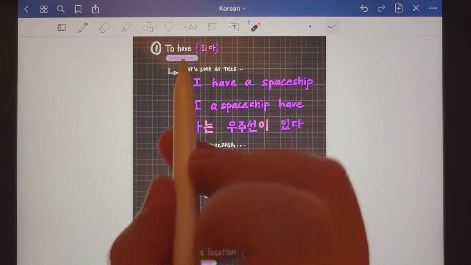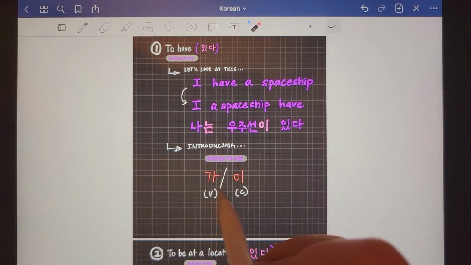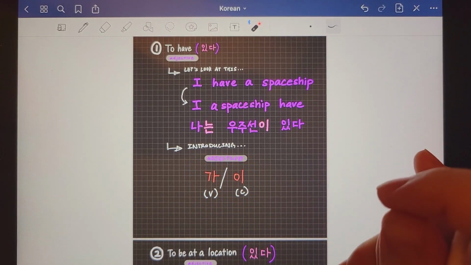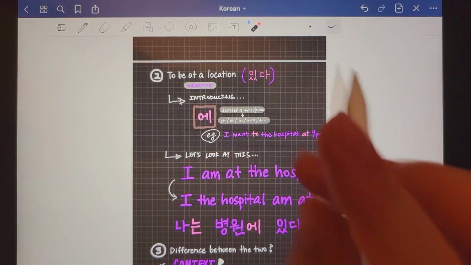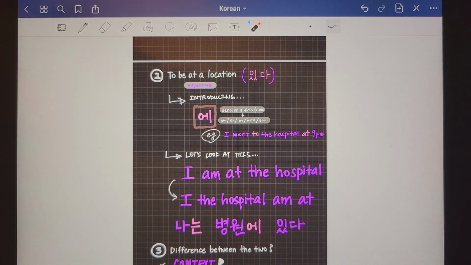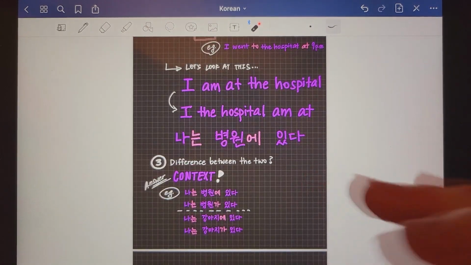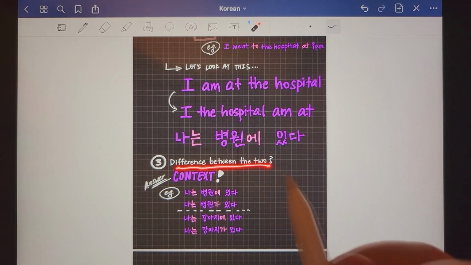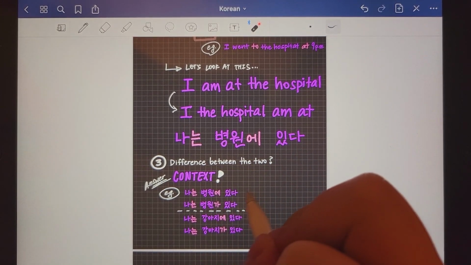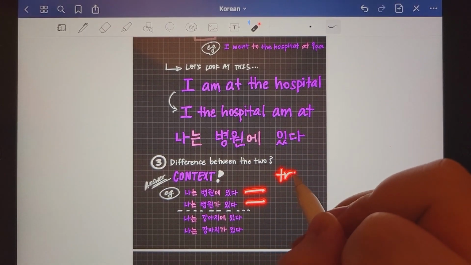associated with it. To have has 가 or 이, depending on whether the word ends in a vowel or consonant. And to be at a location has 에. So, that is actually the simplest answer to find the difference between the two. Context and the particles.